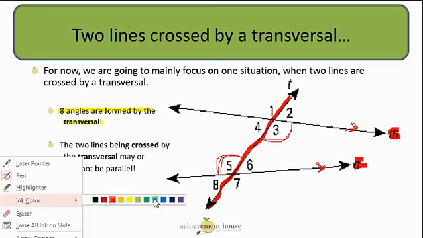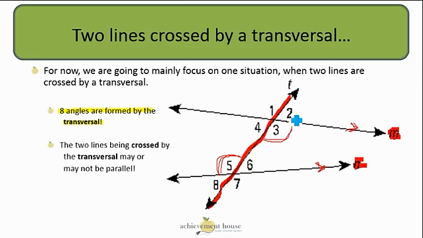Now we also talked about alternate exterior angles, and the alternate exterior angle theorem was very similar. First, let's mark a pair of alternate exterior angles, angle 1 and 7. The previous lesson talked about the alternate exterior angle theorem, which stated that if line M is parallel to line N, then angle 1 and angle 7 are congruent.